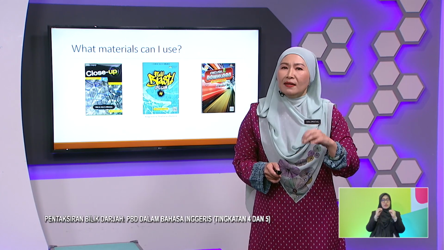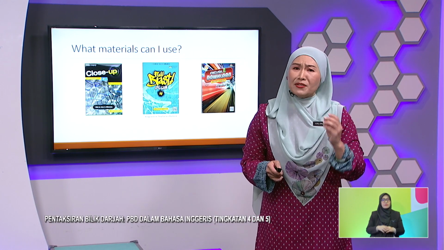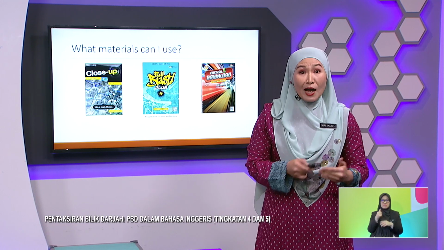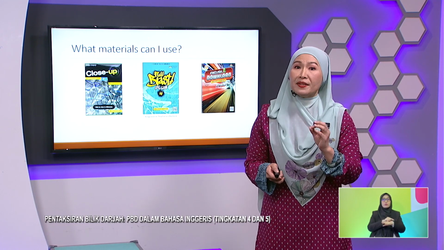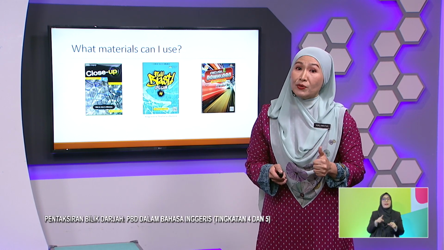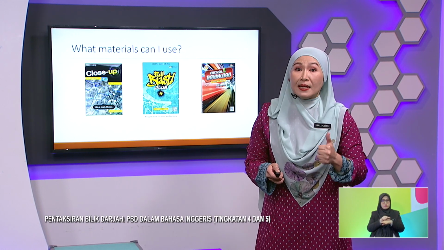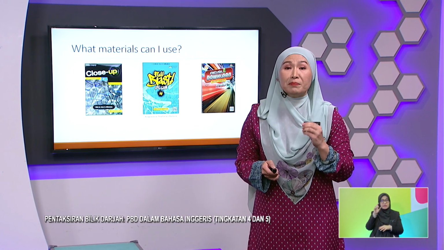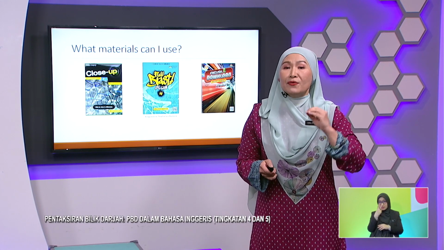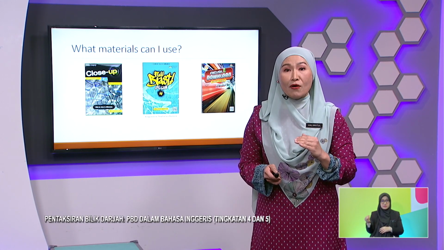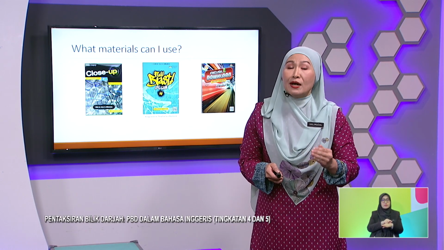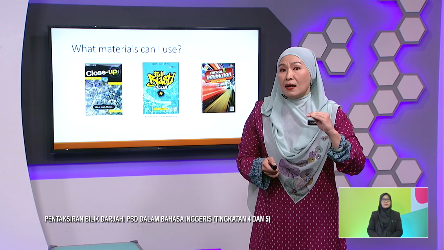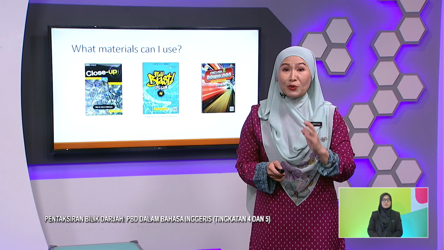So if you think the text in the book is not really interesting, or you feel that there's something else that I want to expose my pupils to, make sure that, number one, the material you use will reflect the learning standard, and more importantly, number two, check and see if the material used is relevant to the level of the pupil who you are going to teach. So for Form 4, it has to be at B1 level, low to mid, depending on your pupil's abilities.